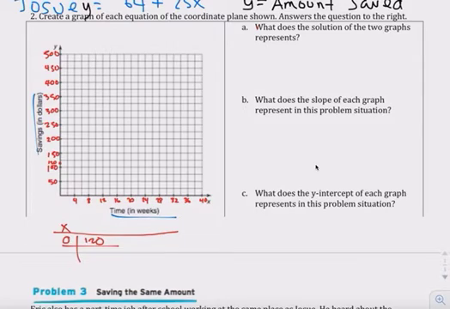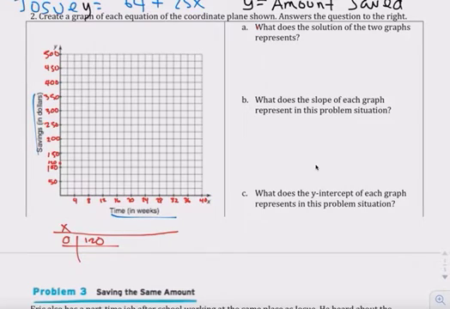Before he starts saving any money. And the same thing as 0 and $64 is Josue. Okay? All right.